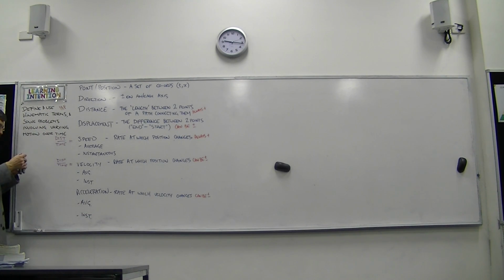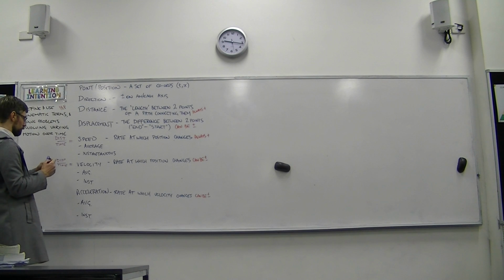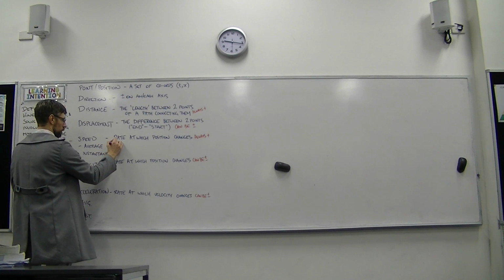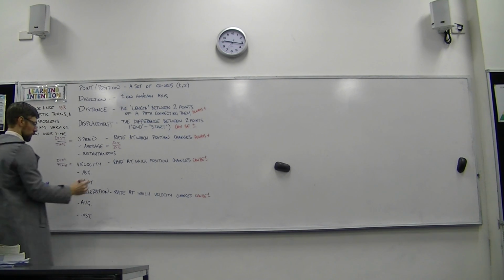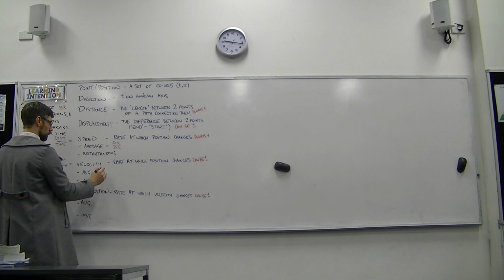So we've got two different kinds. How do I calculate an average? It's the x over time. So x being speed. Almost. Change in x over change in time. Yes. Similar story with this.